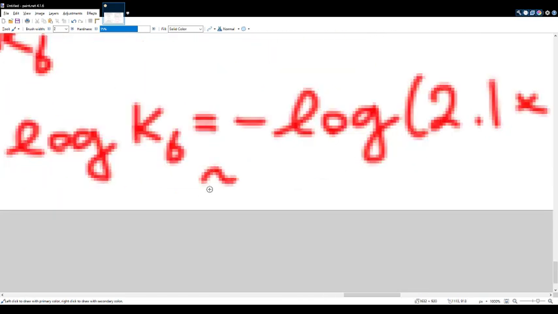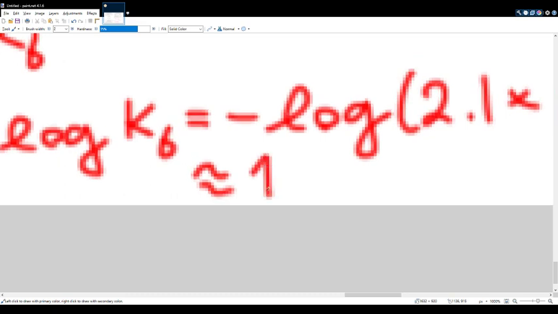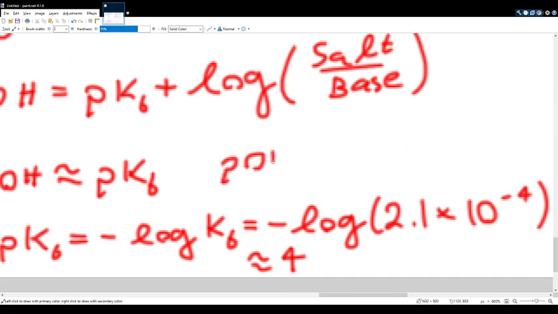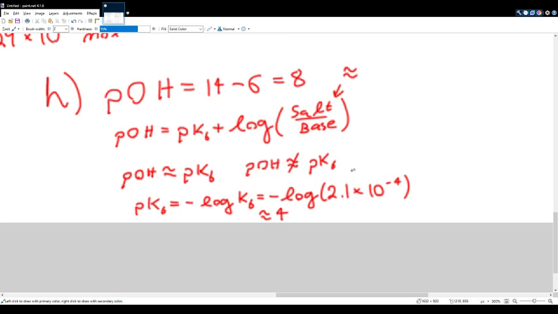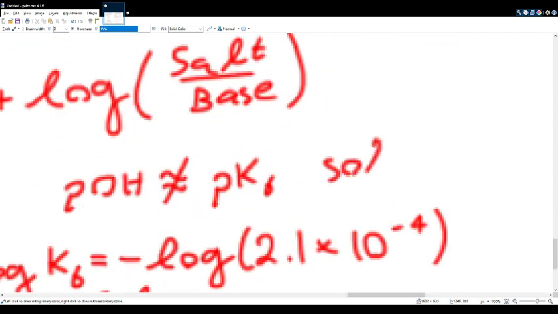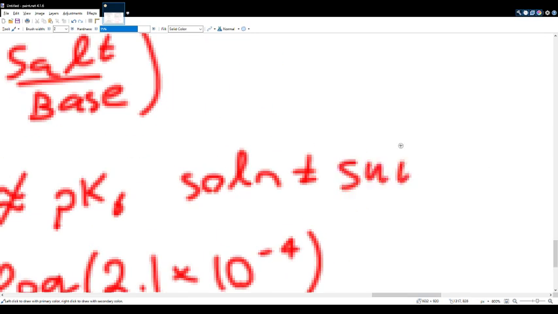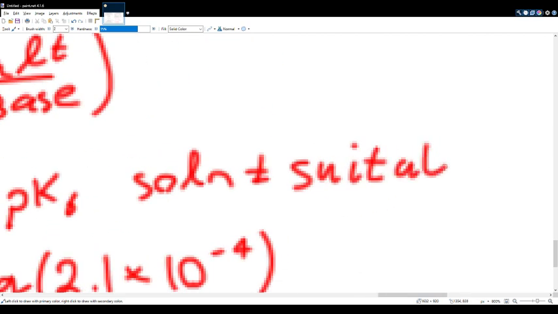So we'll say the pKb is approximately equal to 4, and that means that the pOH is nowhere near pKb. So the solution is not a suitable buffer.